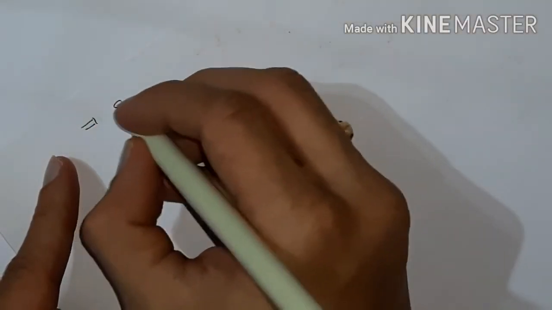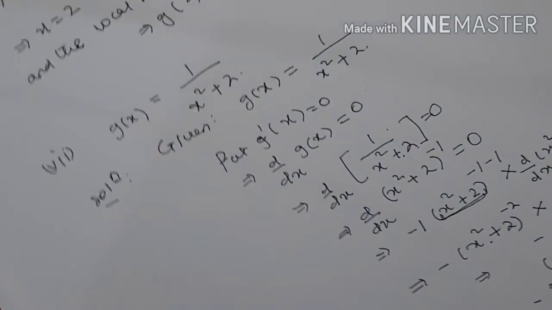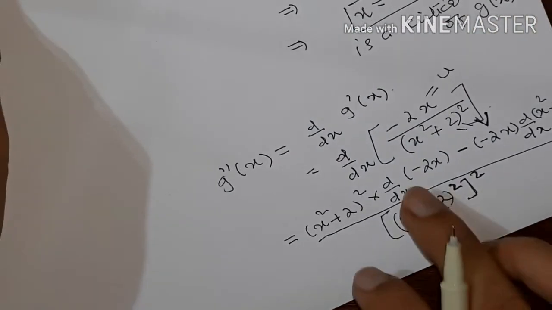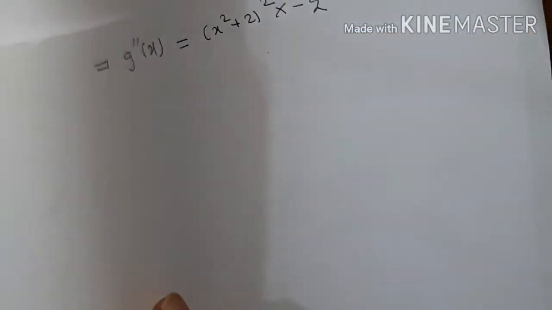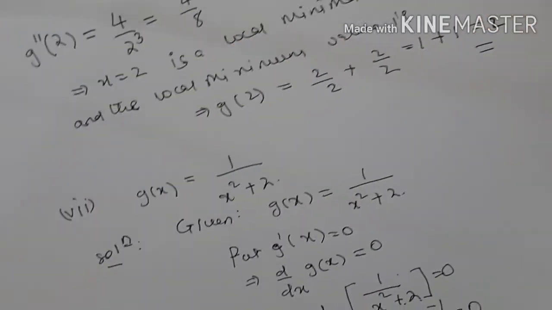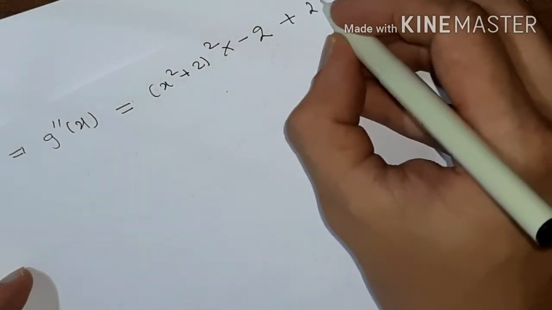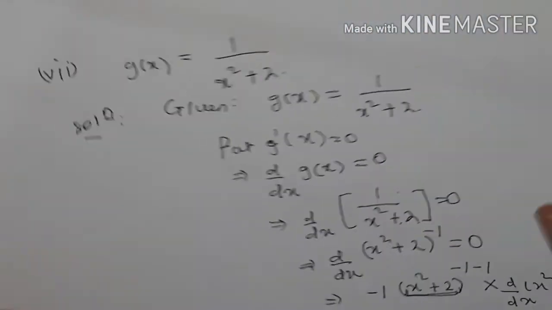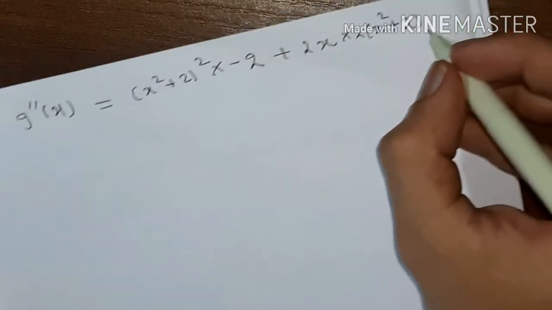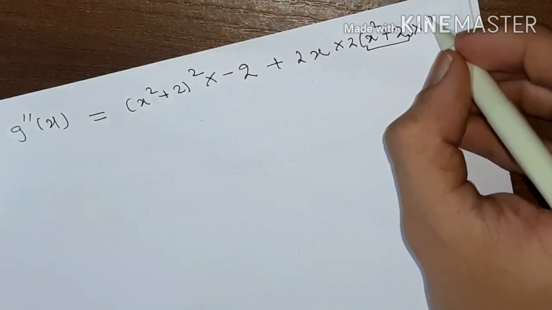So g double prime of x will be x square plus 2 the whole square, and the derivative of minus 2x is minus 2, so minus 2, then here what you have is minus minus plus 2x, and the derivative of x square plus 2 the whole square is 2 multiplied by x square plus 2, and multiplied by again the derivative of this, that is 2x.